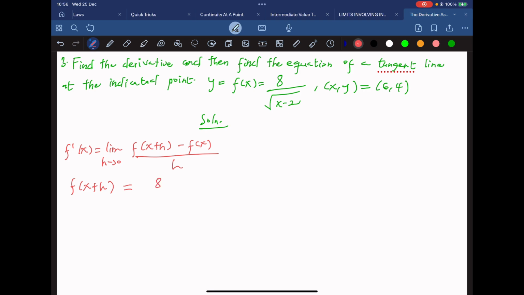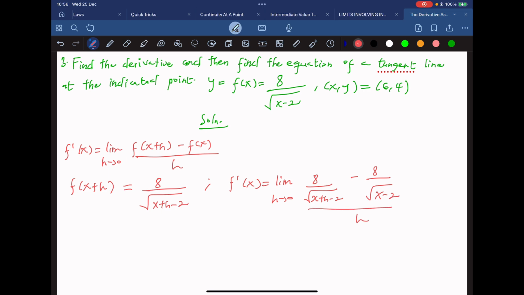So we have 8 over the square root of x plus h minus 2. So we can rewrite our f prime of x as the limit as h approaches 0 of 8 over root of x plus h minus 2, minus our f of x that was given in the question, then over h.